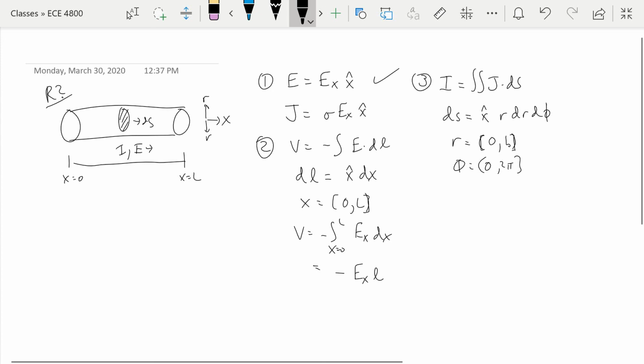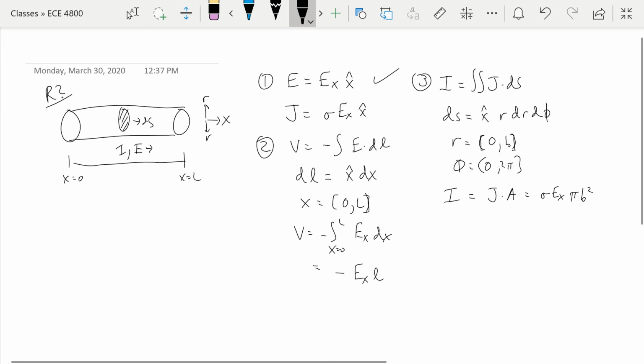If we do this integral, I'm not going to go through the math of it, but what you're going to find is that because J is uniform everywhere on the surface, I is just equal to J times A. J is equal to sigma times E sub x, and A is pi b squared.